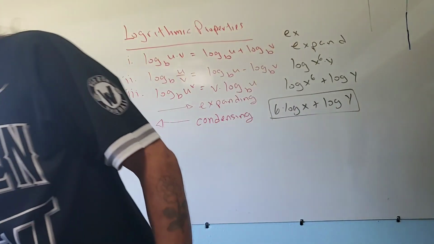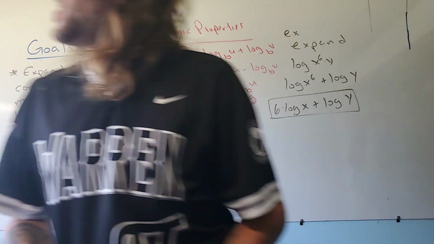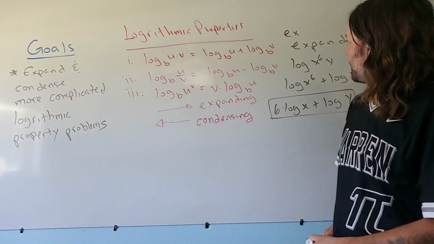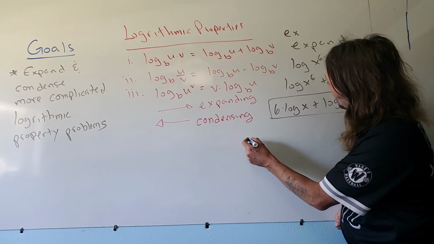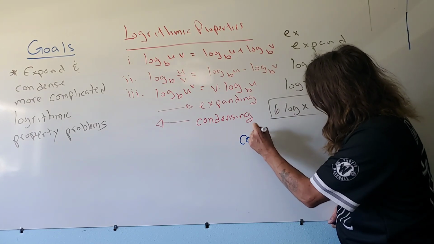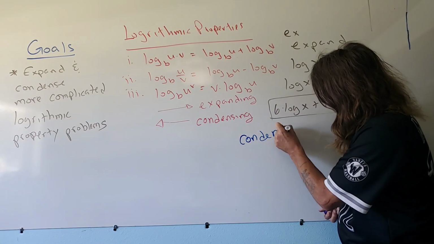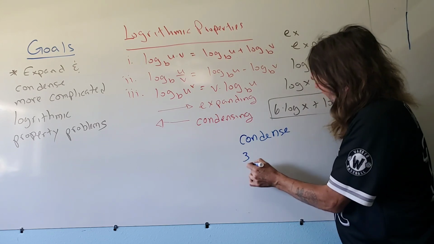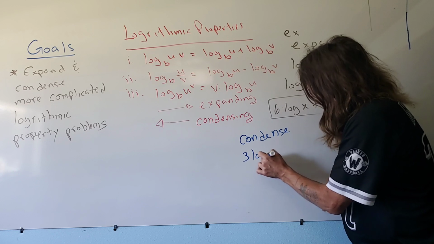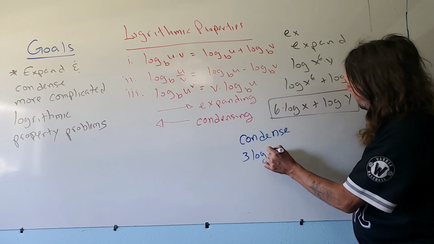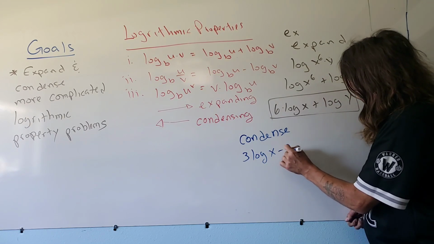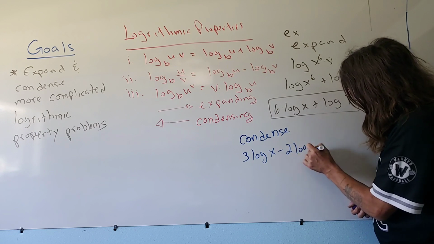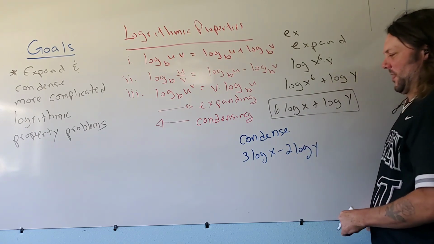So let me do an example of condensing, and that should wrap up the lesson. So let's condense the following. If I gave you something that looked like this, I'm going to do log base 10: 3 log base 10 of x minus 2 log base 10 of y.